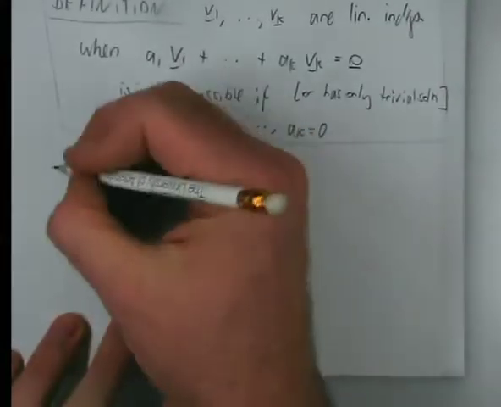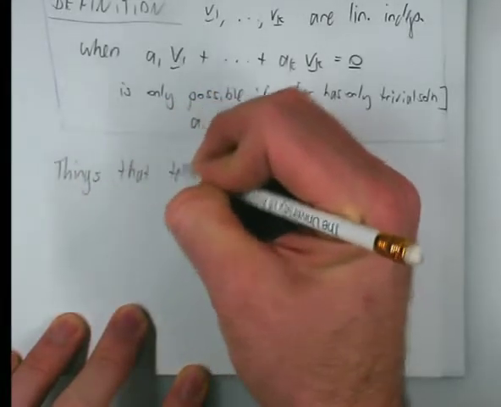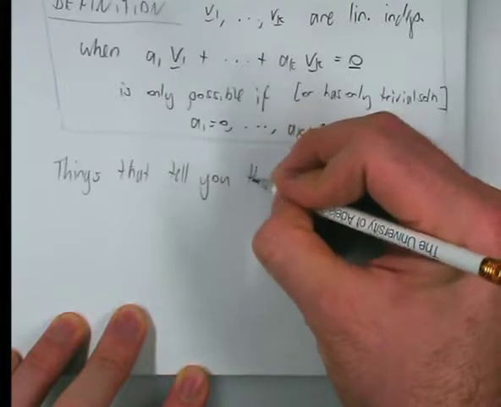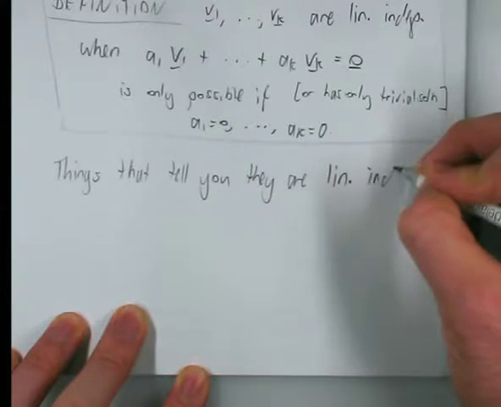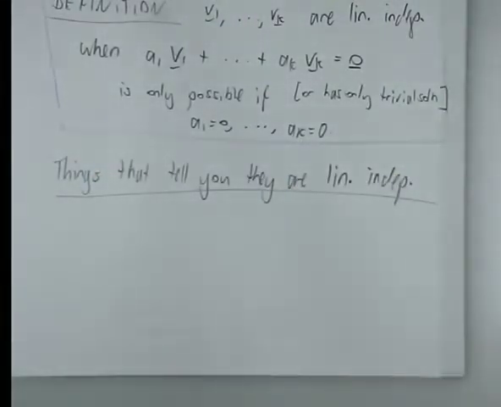So, things that tell you that they're linearly independent. Okay, so the first thing on the list is the definition, and the second thing on the list is to say that none of them is a linear combination of any of the others.